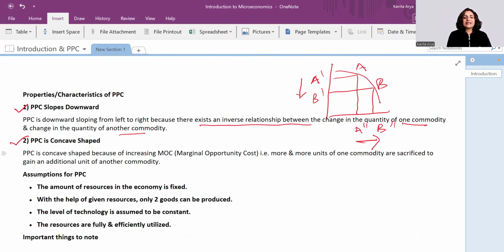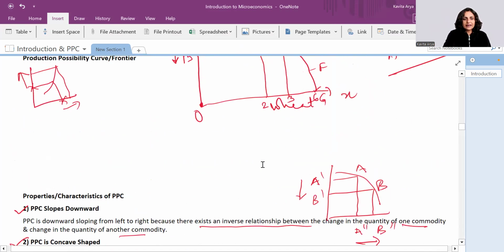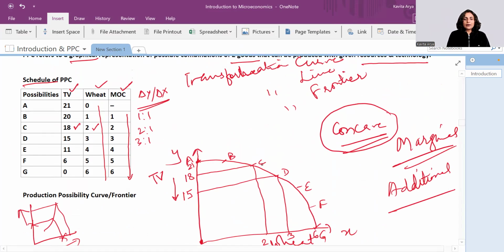And the second property is the concave shape. Increasing MOC gives a concave shape. We have already seen in this table that when this 1, 2, 3, 4, 5, 6 trend comes, we get the concave shape.